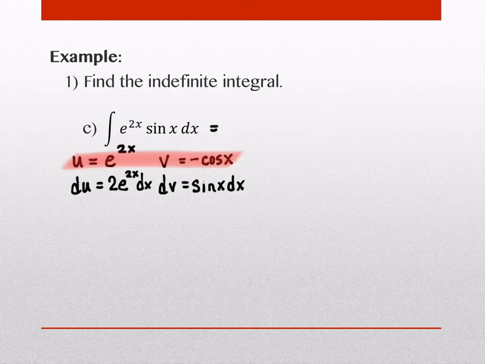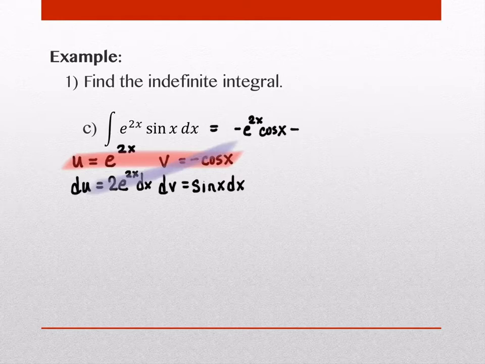So we're going to multiply across the top. So I have negative. You can put the e first or you can put the cosine first. I'm going to put e first. So negative e to the 2x cosine x. And then I have minus the opposite diagonal.